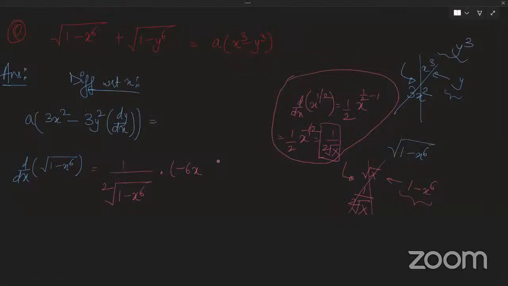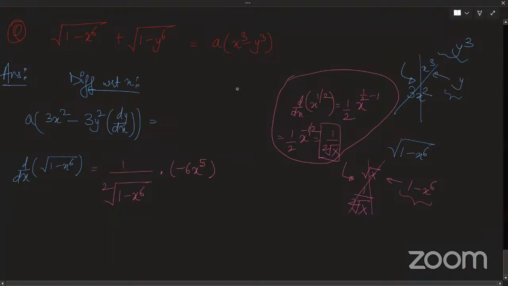The derivative of 1 minus x raised to 6 is minus 6 into x raised to 5, right? Everyone? Yes, sir.